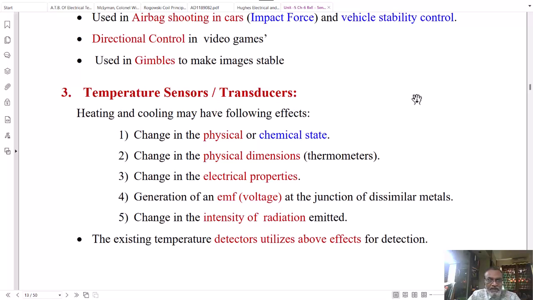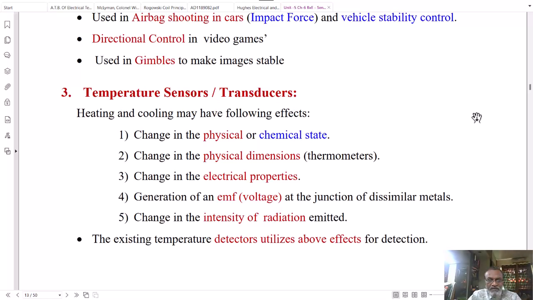The change in temperature may lead to a physical change or chemical state change of the substance. The second principle may be that change in temperature results in a change in physical dimensions, particularly used in thermometers.